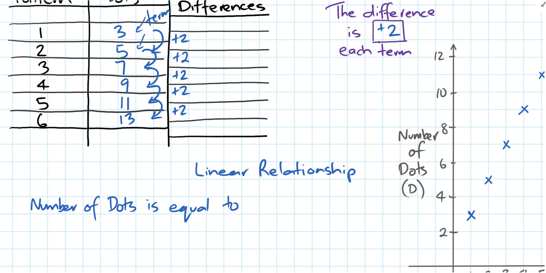This is the beginning of our rule, and we always do that. Whatever the first difference is, as long as it is the same each time, we always multiply the pattern number by the first difference. So number of dots is equal to pattern number multiplied by 2.